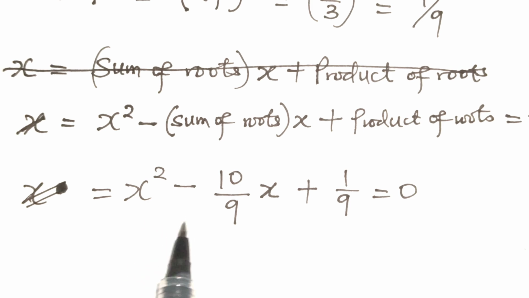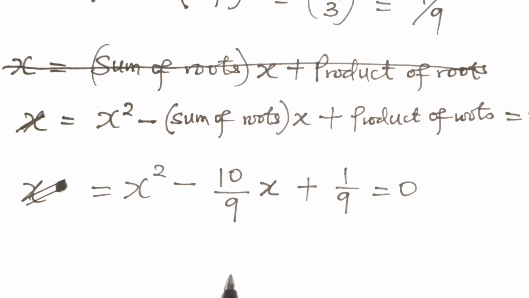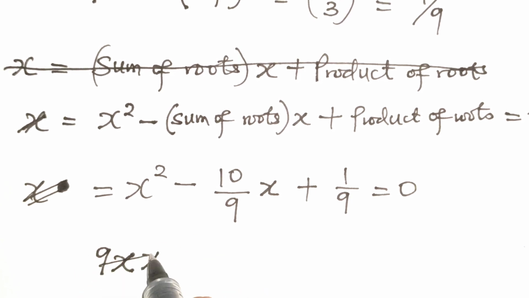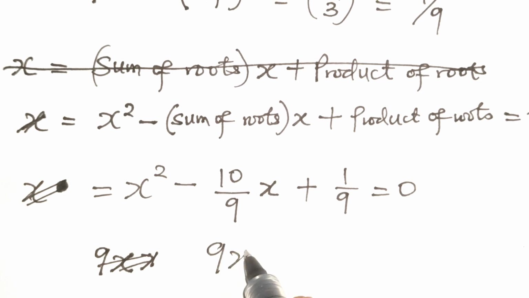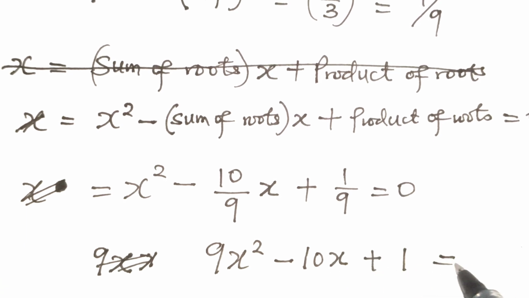So I can clear the fractions by multiplying through with 9. If I multiply through by 9, I will have 9x squared minus 10x plus 1 equal to 0.